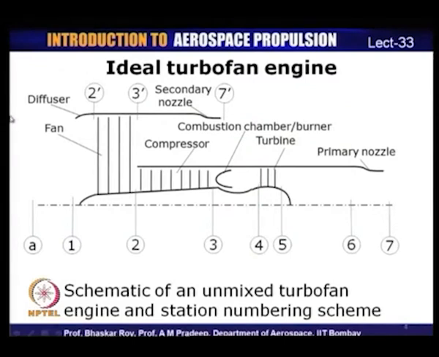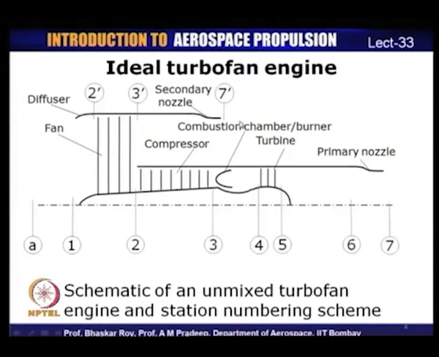For the bypass duct, we shall denote these numbers with a prime. So, 2 prime refers to the fan inlet, 3 prime refers to the fan exhaust, which means 3 prime and 2 for the core stream are the same, and the secondary nozzle exhaust is 7 prime.